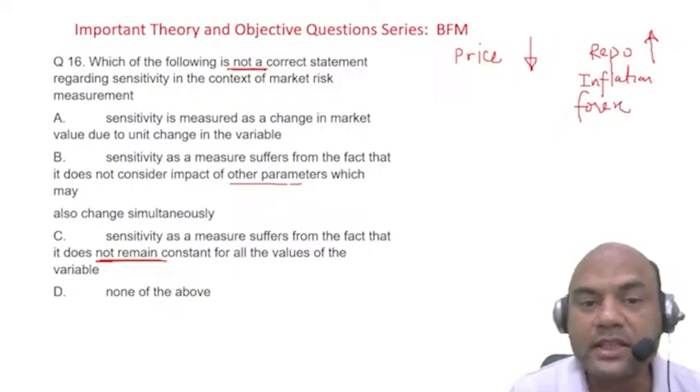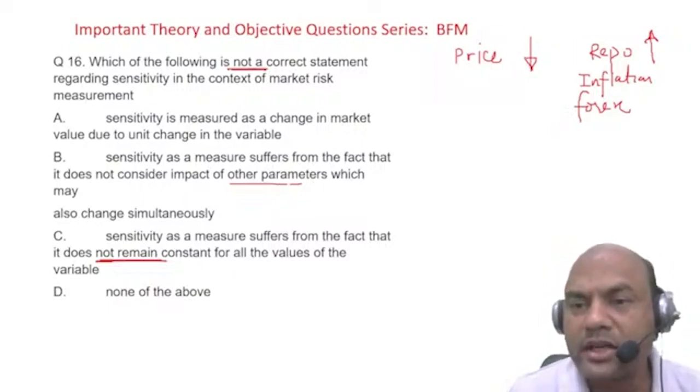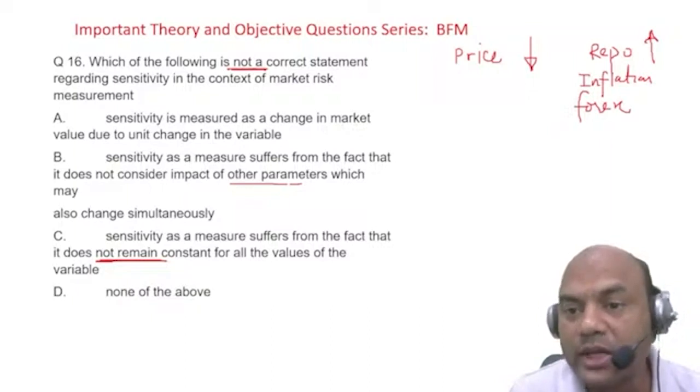So these are the three parameters. Will the price change of the bond be the same for all the parameters? Repo changes by 1%, price changes by 2%. Inflation changes by 1%, price changes by 2%. Forex reserves change by 1%, price changes by 2%.